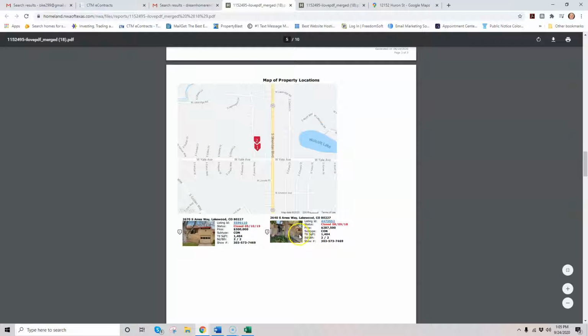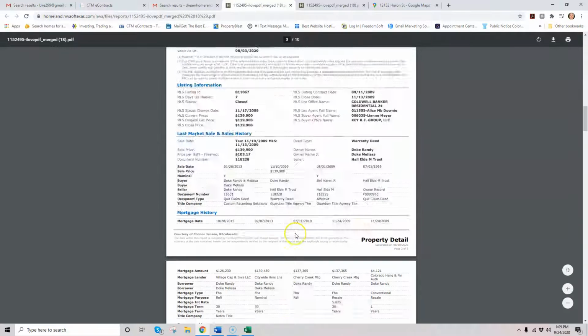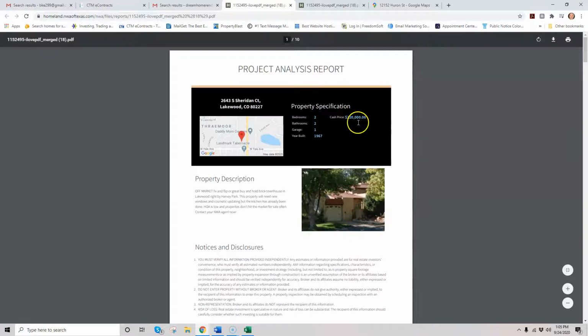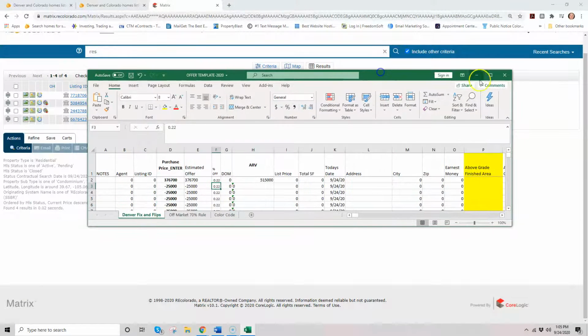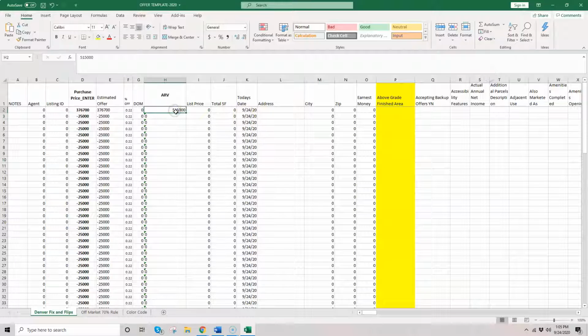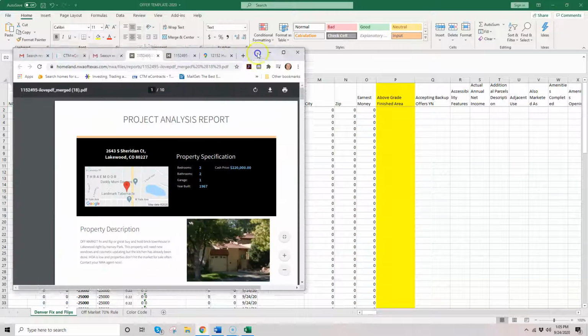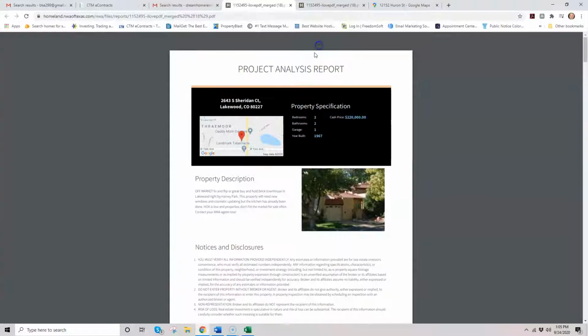So they were thinking around 290 between the two of them and 220. So on our sheet, how would we have fared on that? 290. We would offer 201.